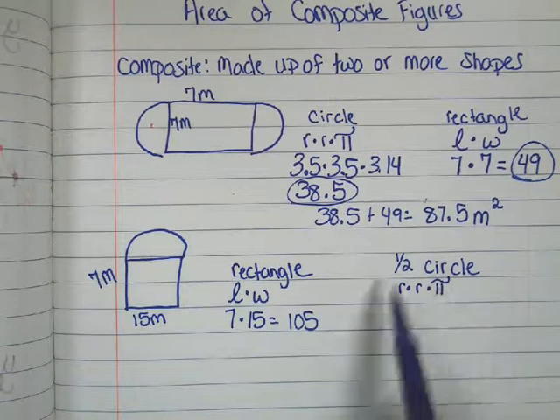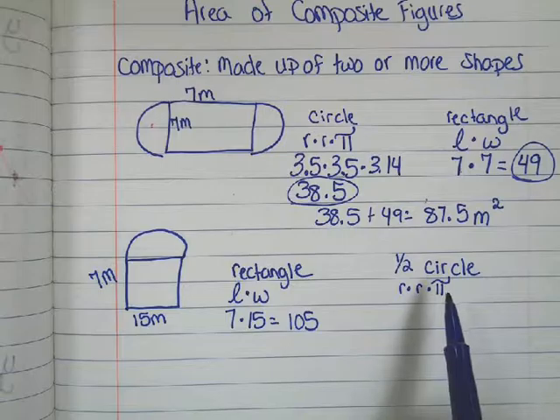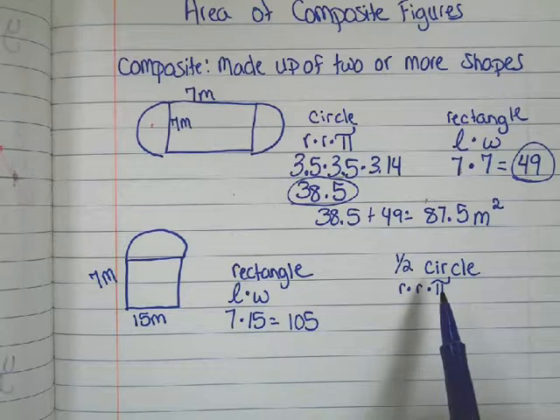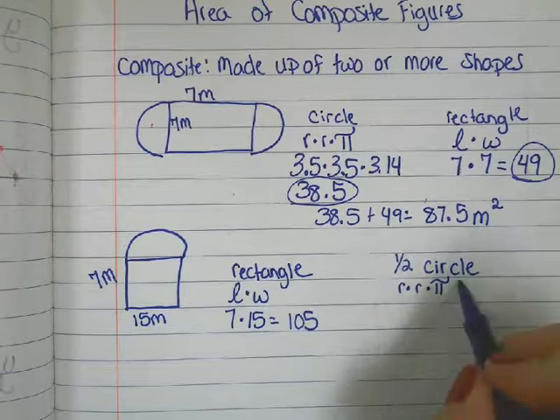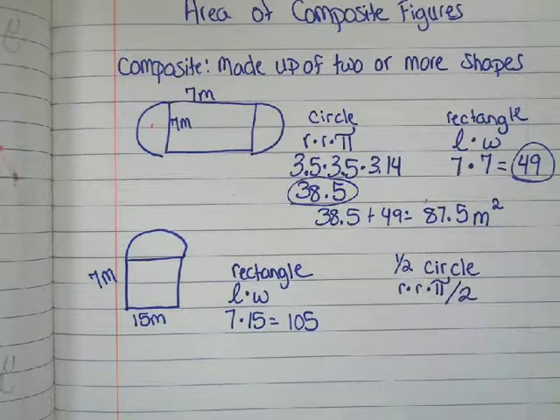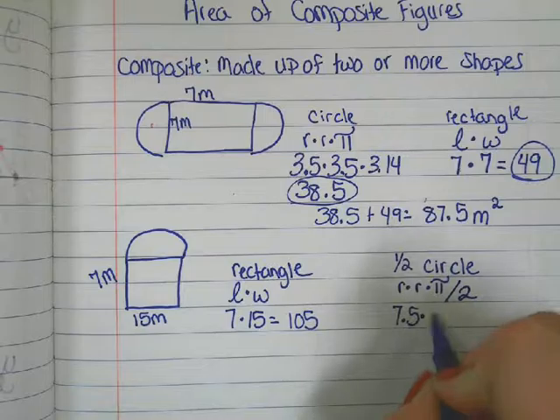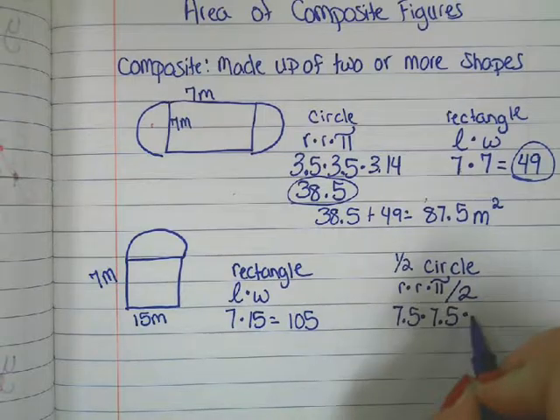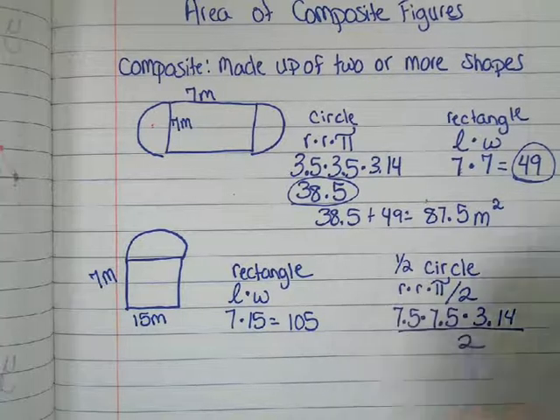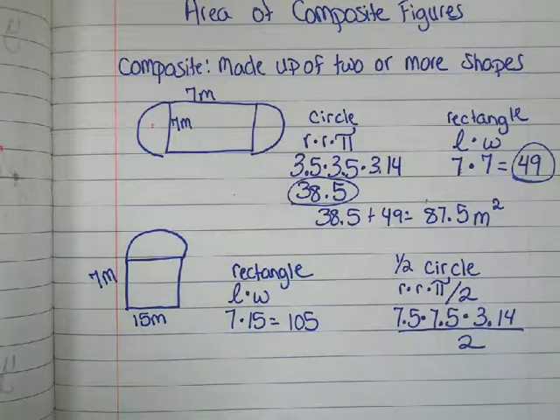Divide by 2. So what's my radius? 7.5. So I take 7.5 times 7.5 times 3.14, get that here and divide it by 2. That's 88.3.